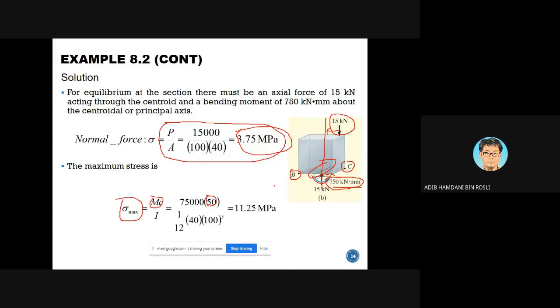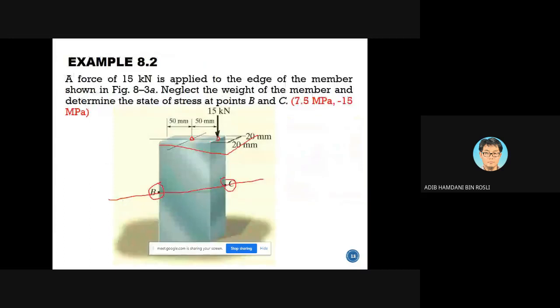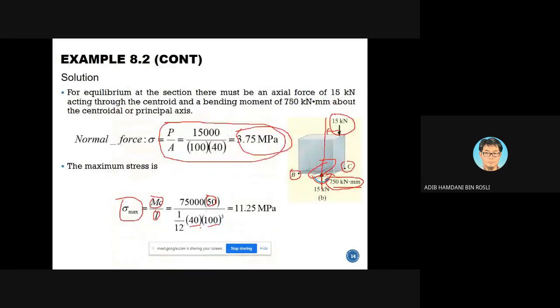You find the moment of inertia I about that neutral axis, so that's why it is 1/12 B H cubed. Check why B is 40 and H is 100. At this point, you should be able to do that. Otherwise, you should go back to chapter 6 and check that again.